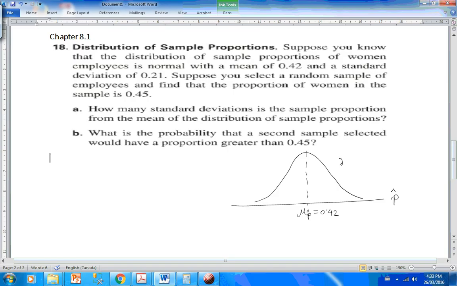So this standard deviation of p hats would be 0.21.